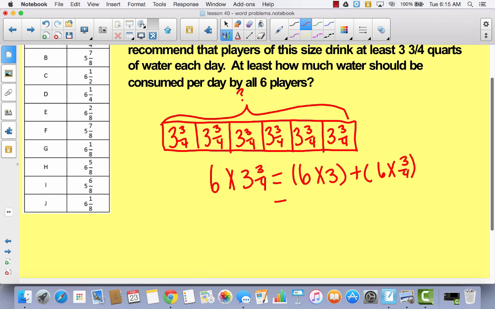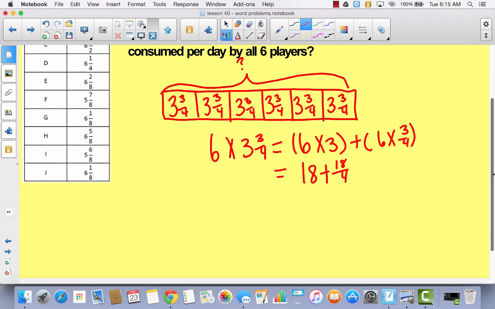So now we're just going to solve. 6 times 3 is 18, plus 6 times 3/4 is 18/4. So what am I going to do with this 18/4? It's an improper fraction, right? So I'm going to do my number bond over to the side. If I counted by 4s, I could get all the way to 16 without going over. So I've got 16/4 and 2/4.